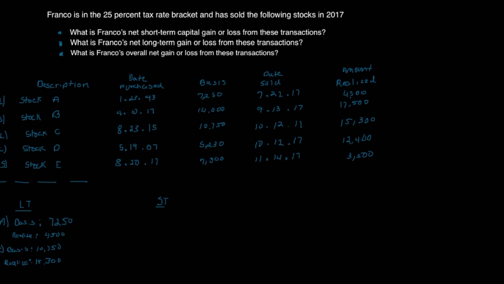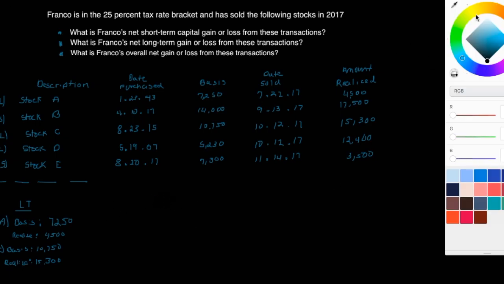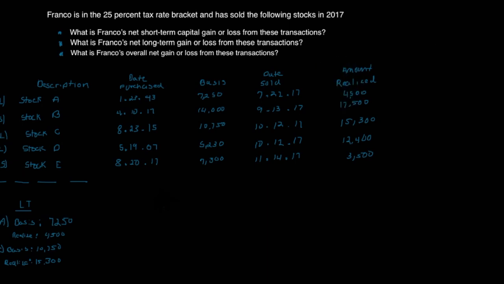Okay, and then I'm going to erase this because I'm going to have to use this space over here. D, so we have here D, and D has a basis of $5,230 and a realized amount of $12,400.